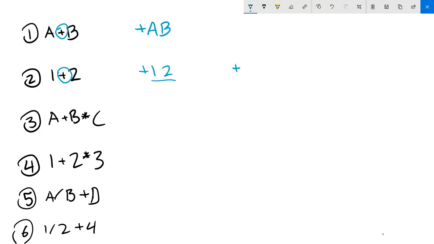So you have plus, space, 1, space, 2. And that is different from plus, space, 12. Okay? And we can solve this easily. This would give us 3. So these are pretty easy to solve, but the odd number problems are the ones that you really want to have practice with.